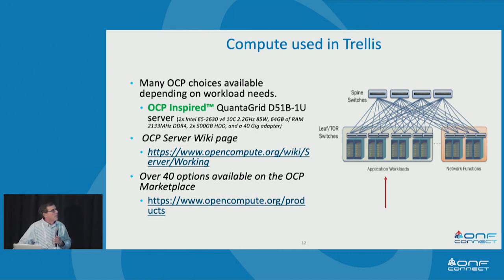Again, on the OCP website for either server or storage, there's 40+ options available, so if this OCP-inspired design does not suit the needs of a Trellis environment that a customer has, there's many, many more open options that are available to customers to suit their performance needs. So this is just one of many that's available, and the one in use today, or the suggested, is OCP-inspired.